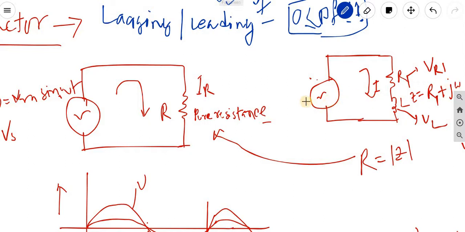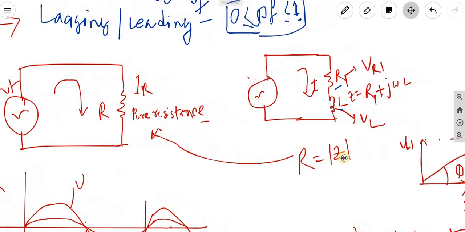In the second circuit the source is the same, but the load is a combination of resistance and inductance, which we can consider as an impedance. Impedance Z means R plus j omega L. We are considering that R and the magnitude of Z are the same.